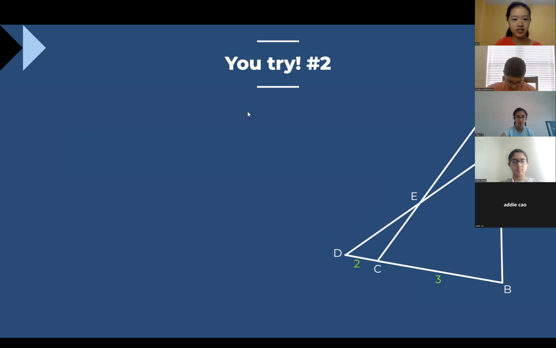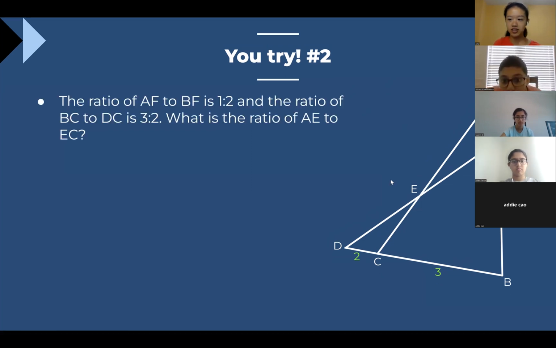Oh, wait, Ishani, you can do this. Sorry. The ratio of AF to BF is 1 to 2, and the ratio of BC to DC is 3 to 2. What is the ratio of AE to EC? We have already labeled the sides with the ratios, so see if you can solve.